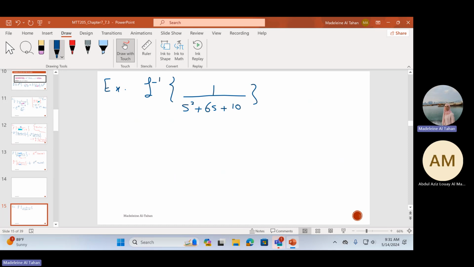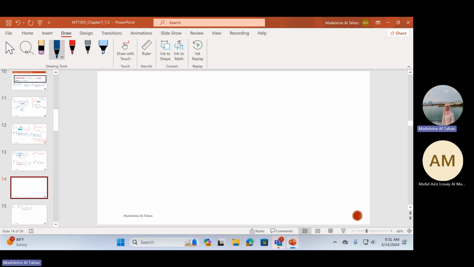Laplace inverse, which reminds us of what? Integrals, right? If you have such an integral, how does it work? From calculus, if we have such an integral, we have something known as completing the square. I explain it like that for my calculus students, right?